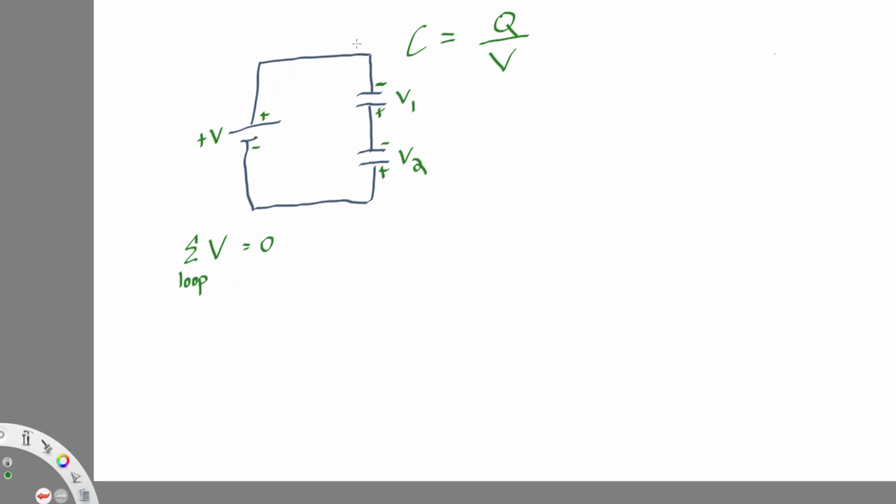By considering the loop, we can see that the amount of voltage we get from the battery should equal the amount of voltage we spend on the capacitors.